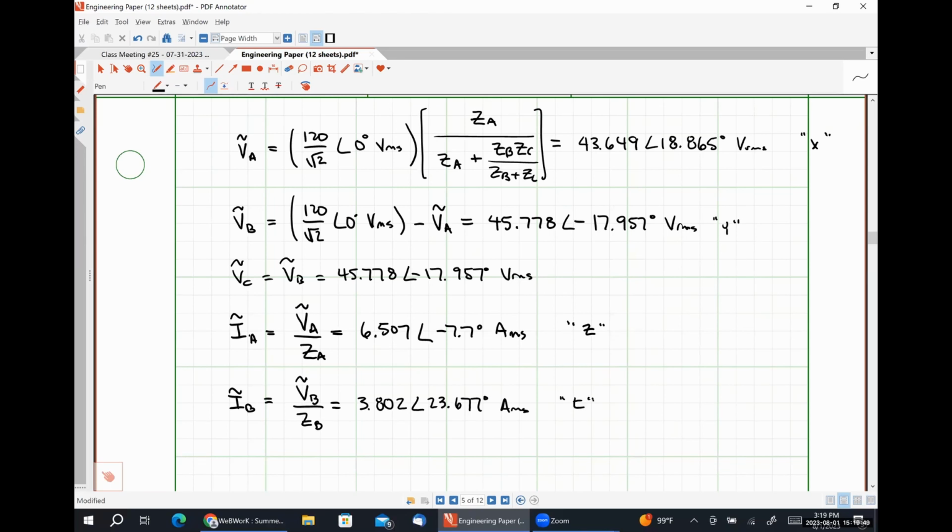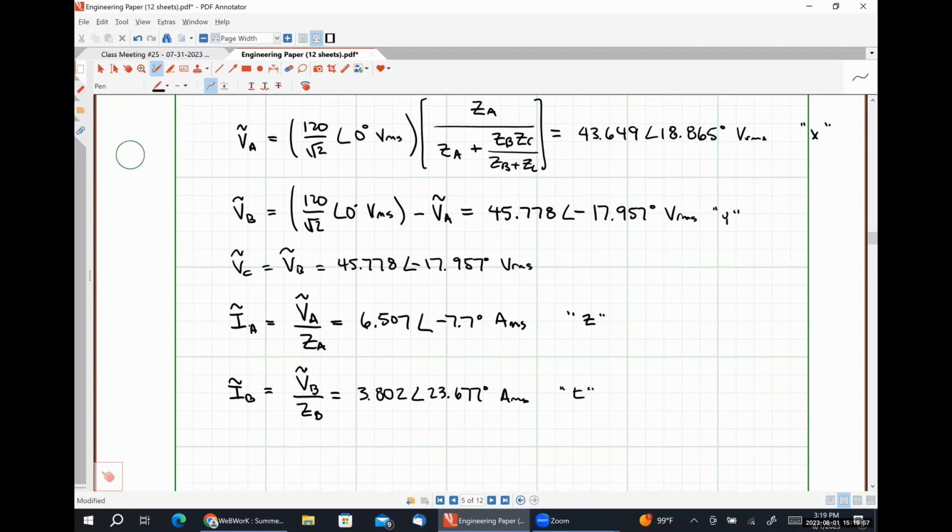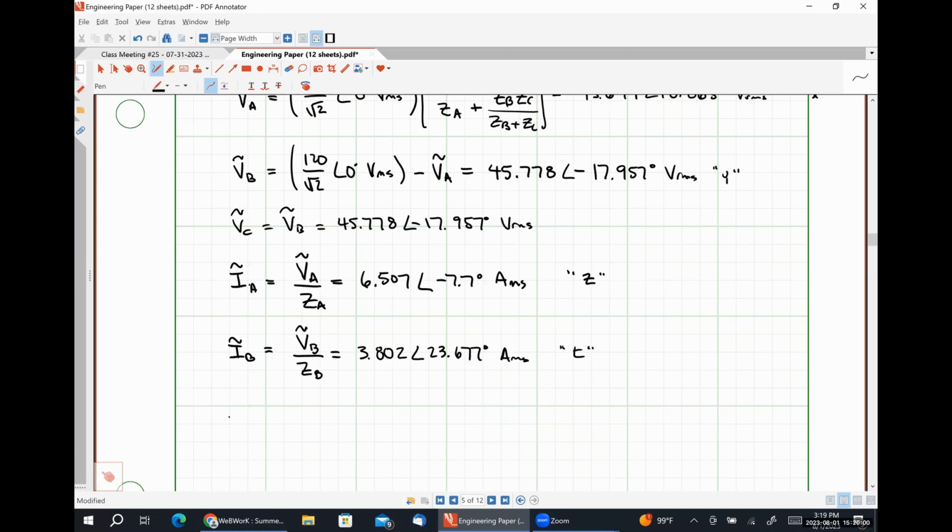One of the reasons I prefer using my TI calculator for complex math is because I can store 8 variables. And then lastly, IC is just VC divided by ZC.